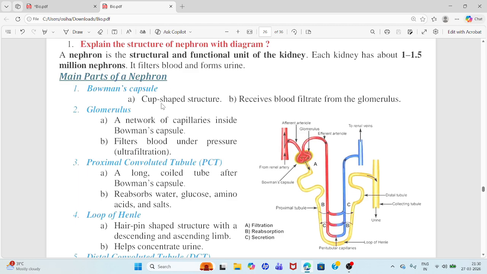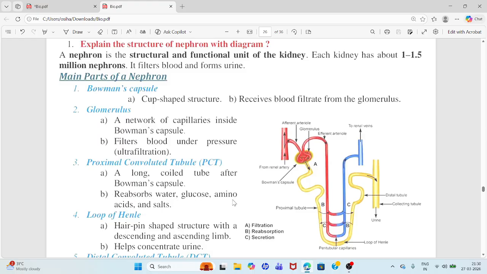Bowman's capsule: a cup-shaped structure that receives blood filtrate from the glomerulus. Second part, glomerulus: a network of capillaries inside Bowman's capsule. It filters blood under pressure, meaning ultrafiltration. Third part is the proximal convoluted tubule (PCT), a long coiled tube after Bowman's capsule.